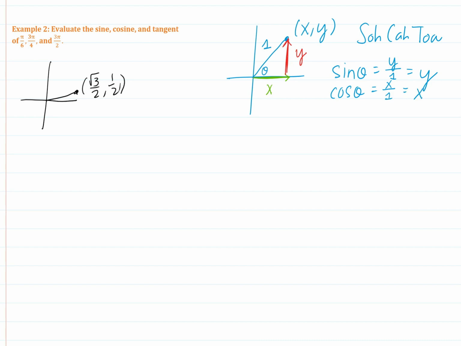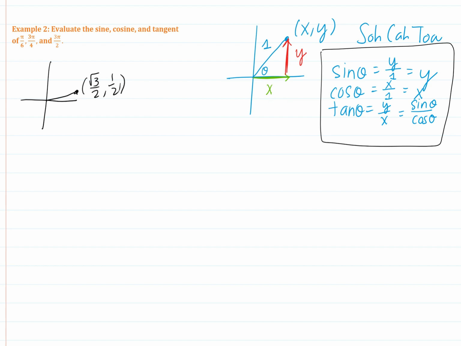So if an angle is in a unit circle, its cosine value is the x value of its coordinate pair. And then the tangent of theta is opposite over adjacent, which would be y over x. And I notice that's sine over cosine of theta. So these are really critical formulas you're going to need to memorize.